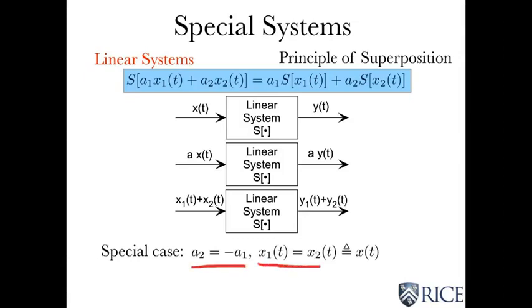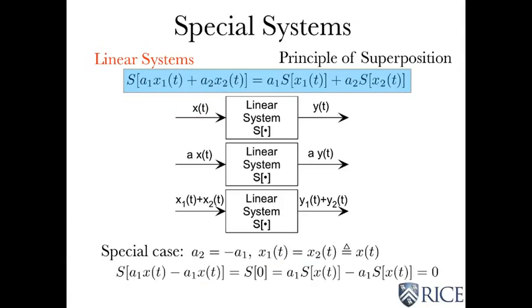And let's say that x1 and x2 are the same thing. We're just going to call that x. So a1 and a2 are negatives of each other, and these two signals are the same thing. Well, what that gives us is that the input to our system is a1x minus a1x. Well, that's called 0.